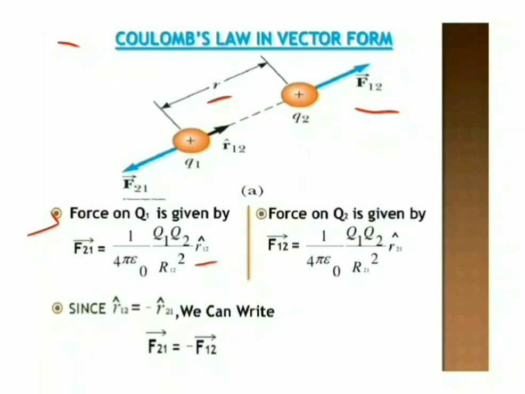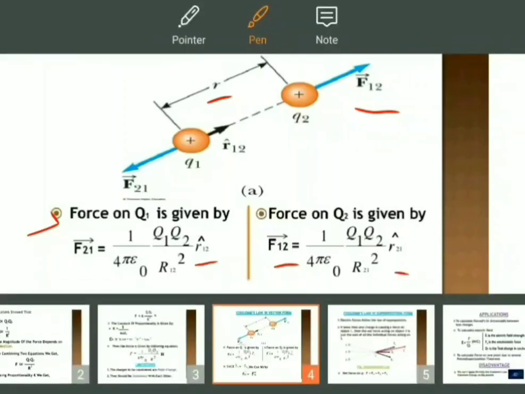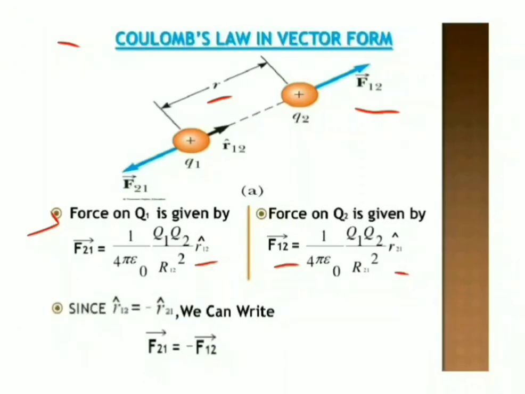And here we have another formula for F12, which is equal to 1 by 4 pi epsilon naught Q1 Q2 by R12 square, and again we have R21 cap here for direction purposes.